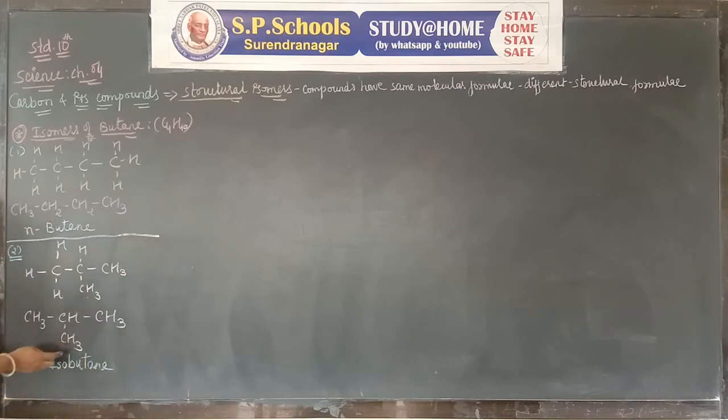If a branched structure is seen, it will be iso; if a simple straight chain is seen, it will be known as normal. So the isomers of butane are 2: normal butane and isobutane.